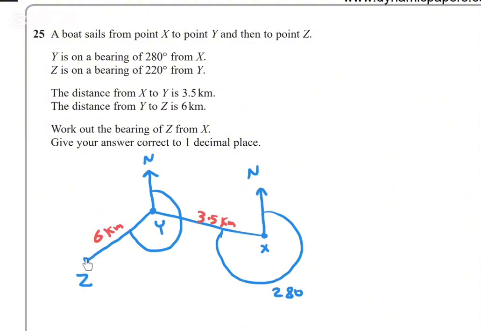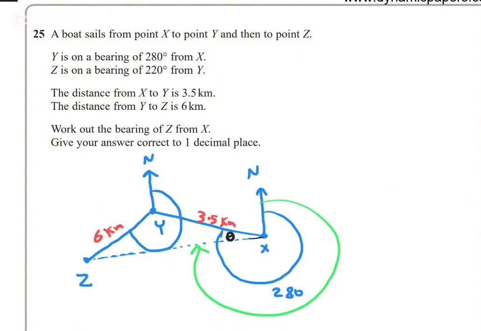Z from X. So we need to join ZX first. Then ZX, so we need to find this bearing. Now we can find this bearing if we find the small angle theta.